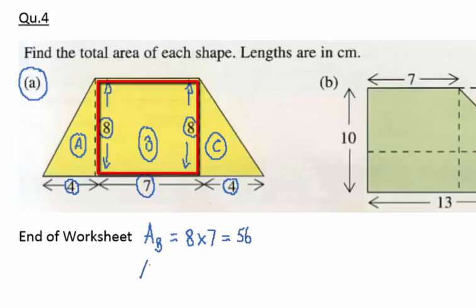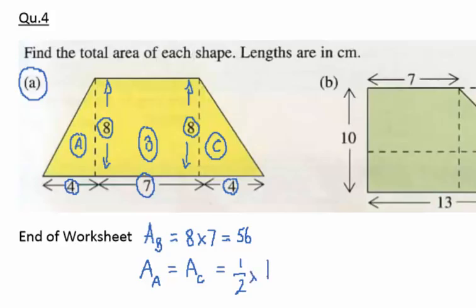The area of the first triangle, A, which is going to be the same as the area of the triangle C, is going to be the formula a half of the base times the height. Or you could say, instead of base, you could talk about the width.